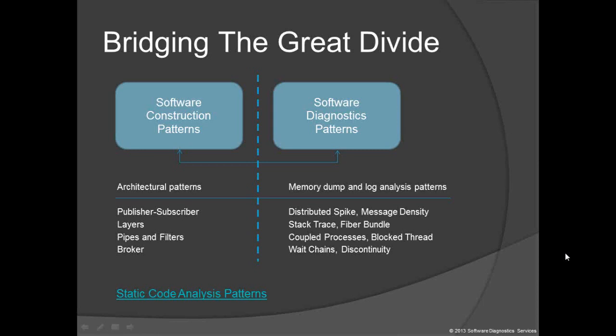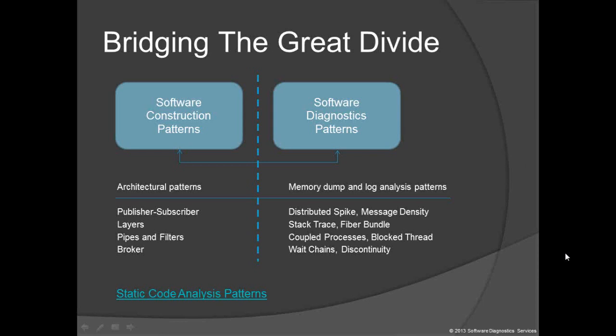Most software architects I talk to think that architecture and low-level memory contents are separate things from different layers of abstraction. Fortunately, it is now possible to connect them through patterns, as you can see on this picture.